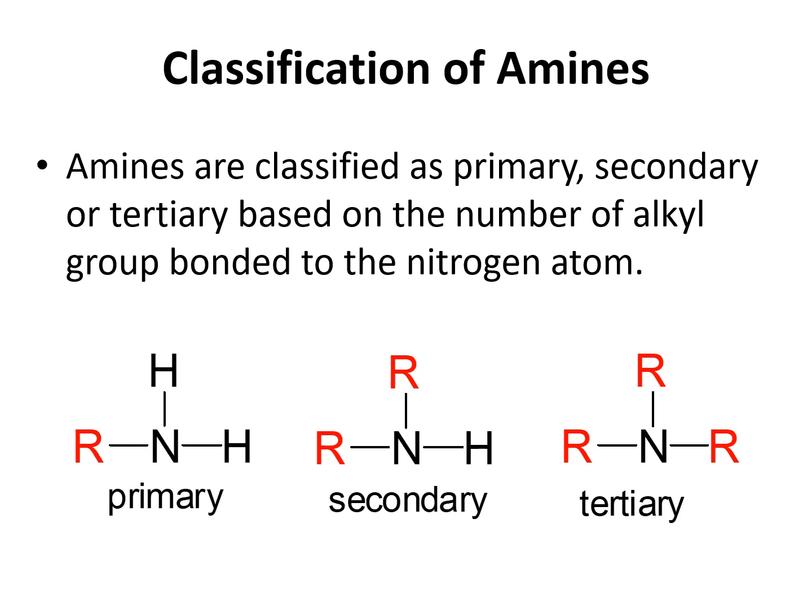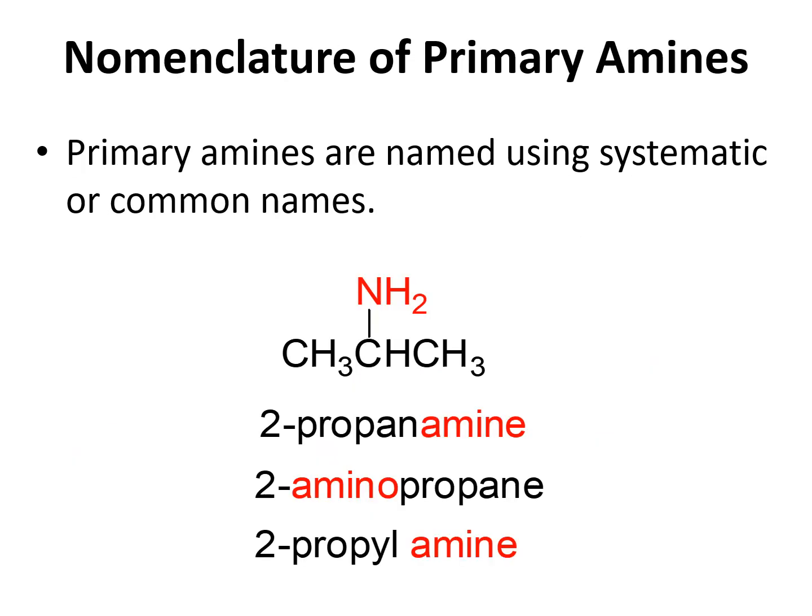You just need to calculate how many carbons are attached to the nitrogen. For example, in this group, nitrogen is attached to only one carbon, so it is only a primary amine. If you have two carbons attached to nitrogen, you have a secondary amine, and if all three carbons are attached to the nitrogen, we call it a tertiary amine. Primary amines are named using systematic or sometimes common names.